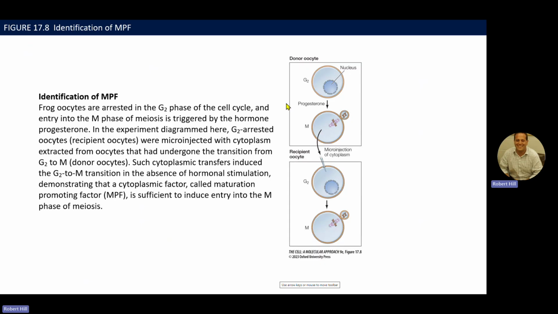When the cytoplasm is microinjected into a G2 arrested recipient oocyte, the recipient immediately enters mitosis, even without progesterone stimulation. So this experiment proved that MPF activity is cytoplasmic and transferable, and established the principle early on that cell cycle transitions are driven by regulators, not membrane-bound signals. And it paved the way for identification of the CDKs and the cyclins.